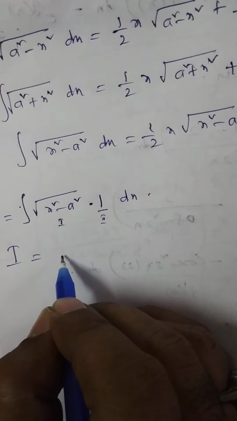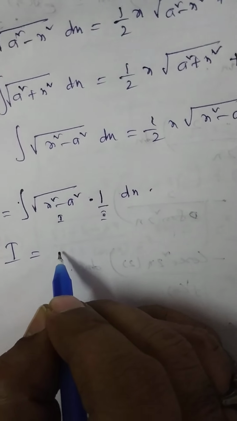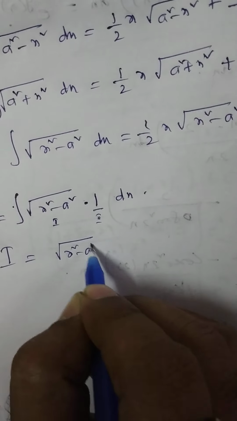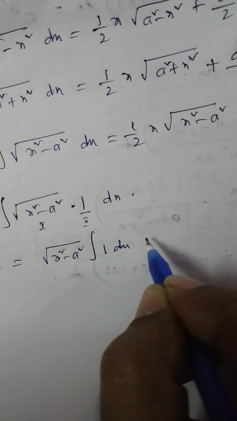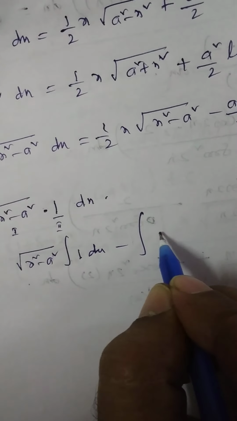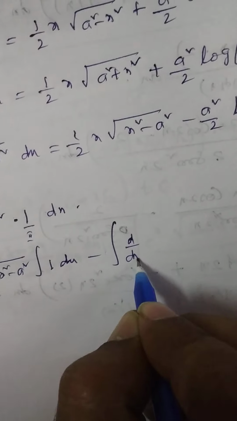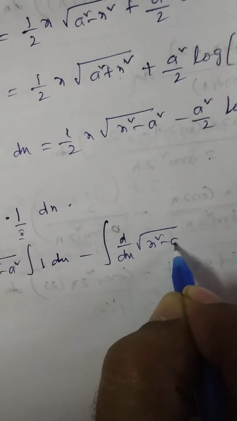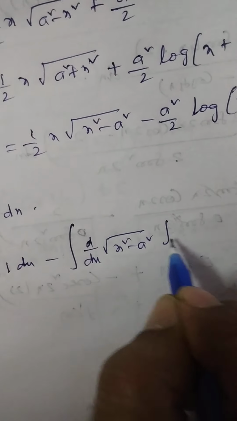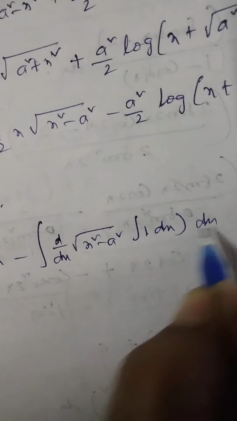So according to the by parts formula, first function root of x square minus a square into integration of 1 dx, minus integration of d by dx of root of x square minus a square into integration of 1 dx, whole dx.